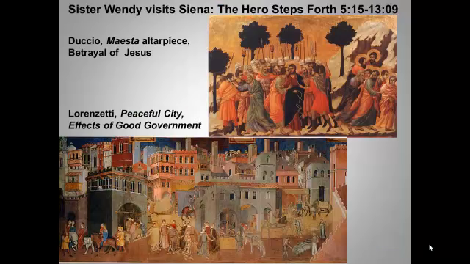But since the College Board is not requiring me to describe Sienese painting in any detail, I am going to let Sister Wendy do the work. She's going to introduce you to my two favorite Sienese painters, who used to show up all the time on the AP Art History exam, and to two very important paintings. The Maesta altarpiece, probably the most famous single work in Siena, and the Parable of the Good Government, which is the fresco in the city hall.